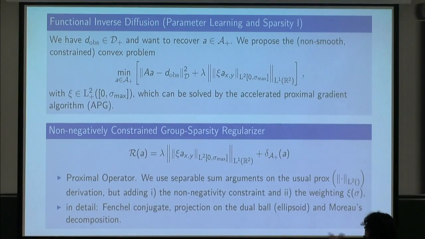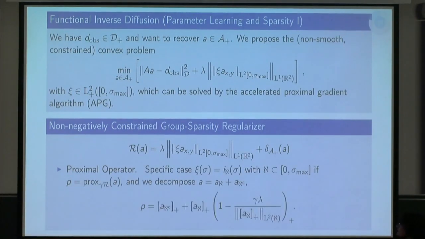Of course, in a generic case, if you just let the weighting function be anything, that creates a problem because you have a projection on an ellipsoid in there, which you cannot solve in closed form. So for this presentation, at least, we'll keep to the simple case in which our weighting function in sigma is just an indicator function. And then it has this very nice shape in which we regularize just the sigmas that are in a set Aleph.